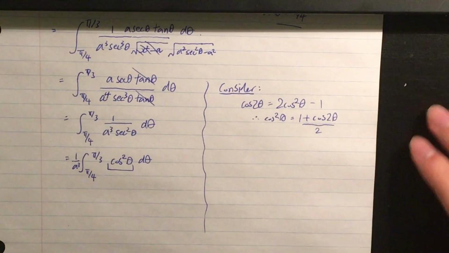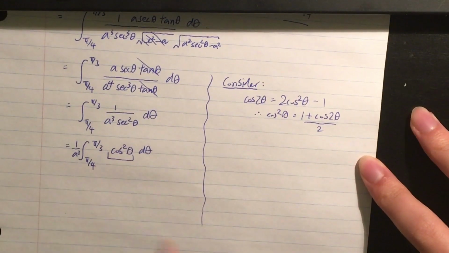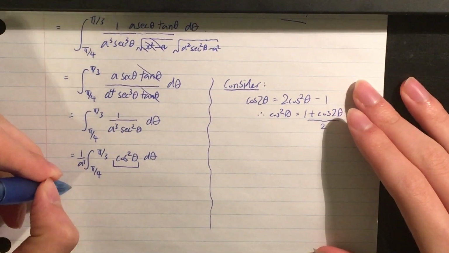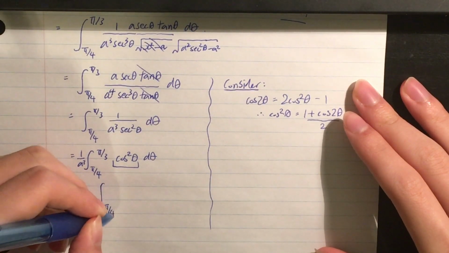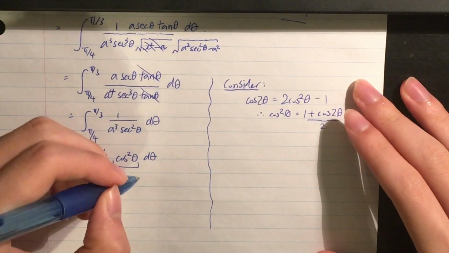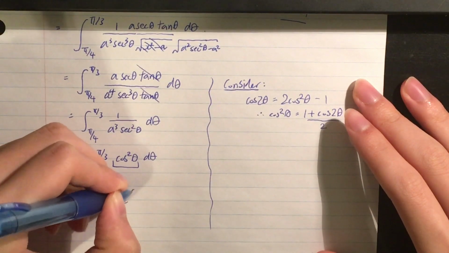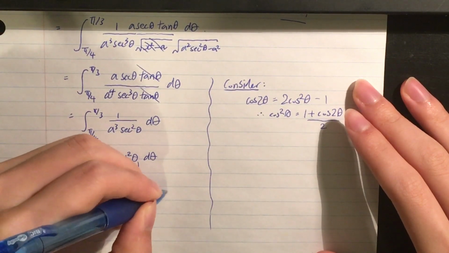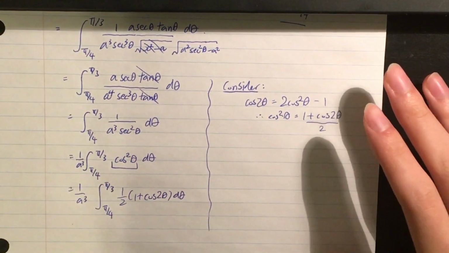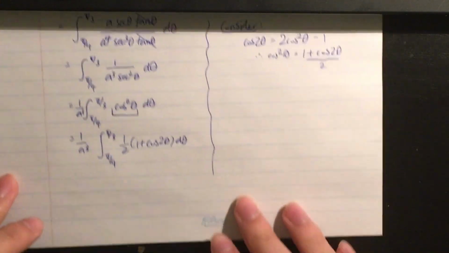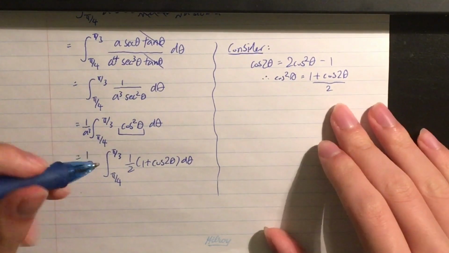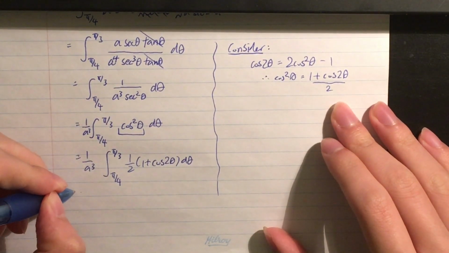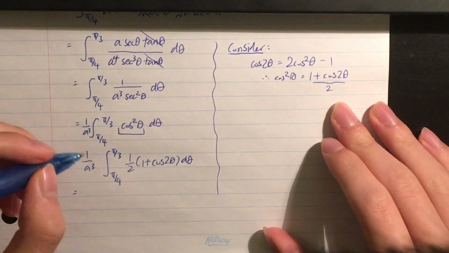So in fact, that's what we're going to use to integrate this, and this would be 1 over a cubed. Now we can just use our basic integration techniques, and we can just integrate it properly.